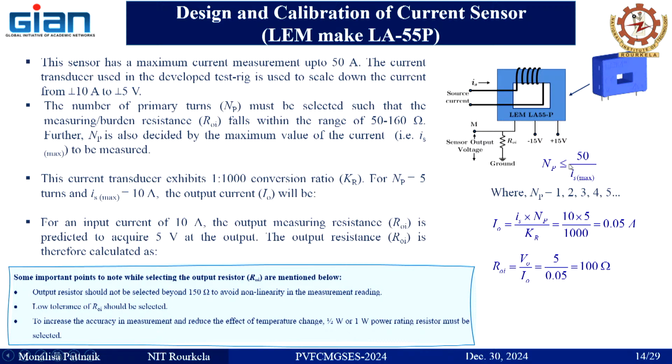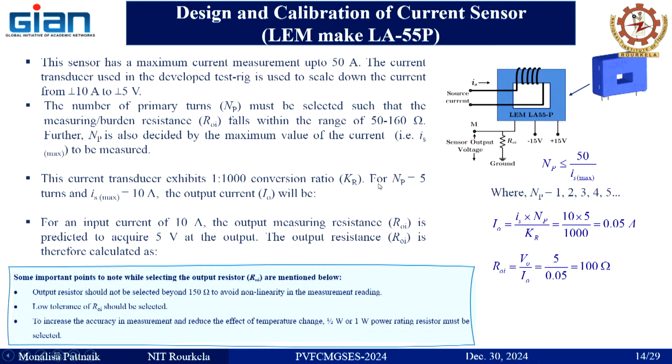Number of turns is less than or equal to the maximum rating of the sensor divided by how much current we need to measure. Here the maximum rating is 50 ampere, and we are taking 10 ampere. The sensor has a 1:1000 conversion ratio.